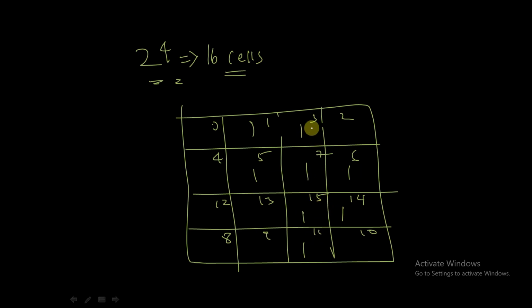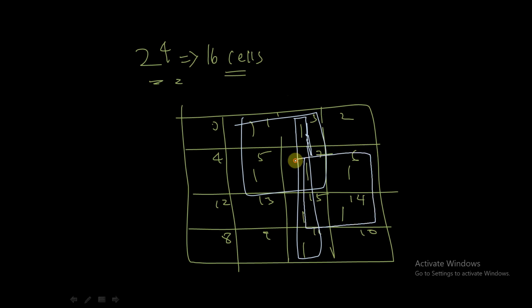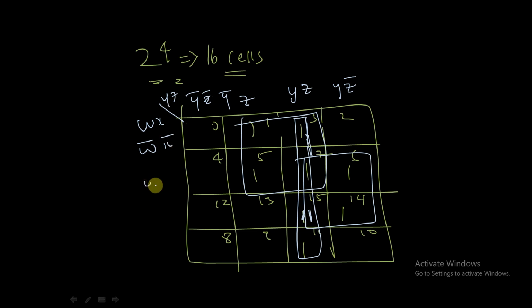Here we can group all these 4, and here also we can form a group of 4, and here also a group of 4. The groups are w bar x bar, w bar x, wx, and wx bar with y, z combinations.